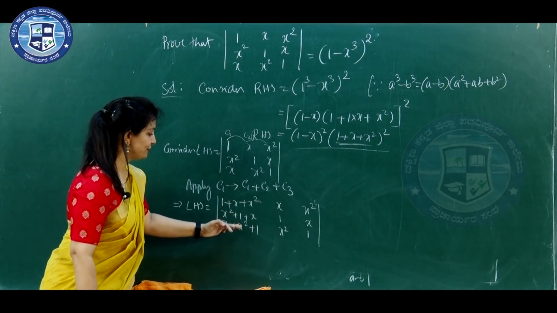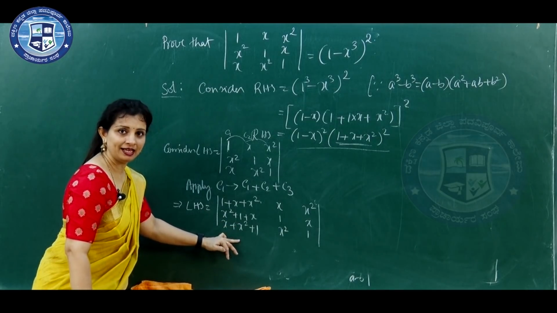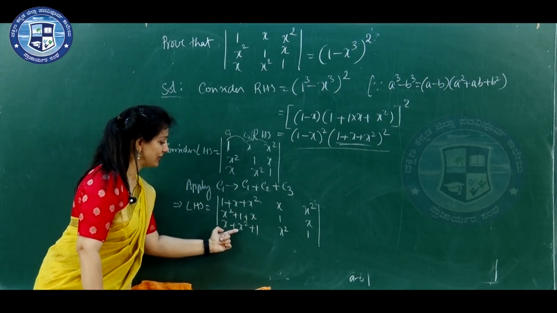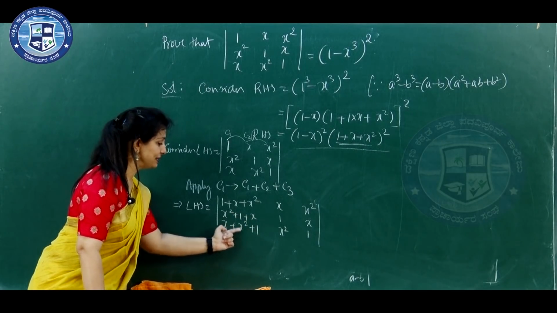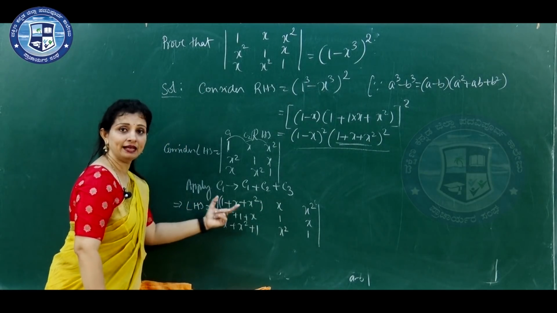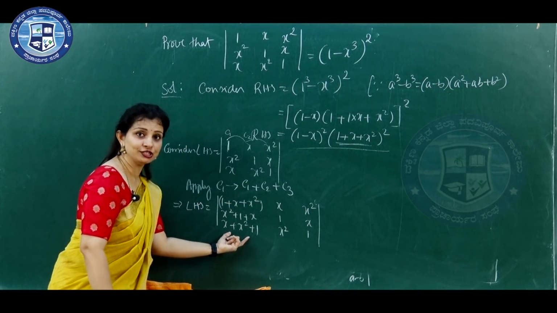Now, observe that in the first column, each element is 1 plus x plus x square, the first, the second, and the third element. So, 1 plus x plus x square is a common term in the first column.